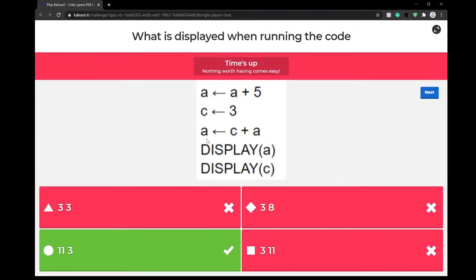So if I reverse this, 11 equals 3 plus 8, so A would be 8. Then 8 equals what plus 5, and that would equal 3. So the original one would be 3. I don't know why I did that, but just for you guys to know. And I hope I did not do that wrong.